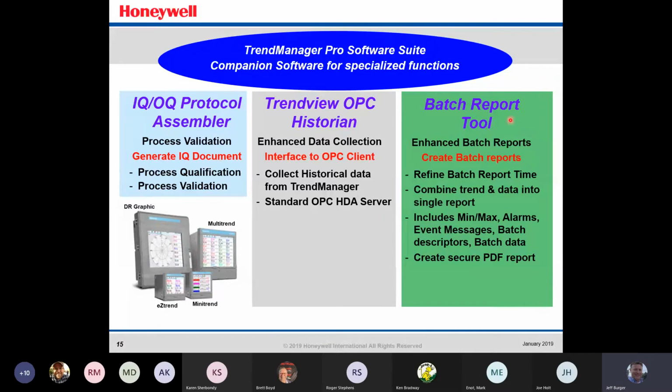And you can actually, from a quality standpoint, compare the two batches to see if they're within the tolerance of the golden batch. You can include min and max alarms, events, batch descriptors, batch data along with that batch information, and you can then export it to a PDF report that will include all of that batch information.